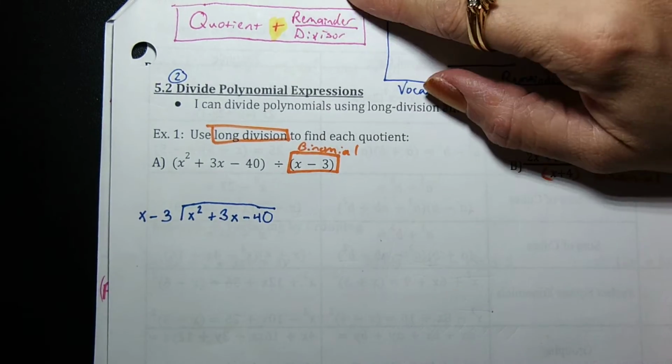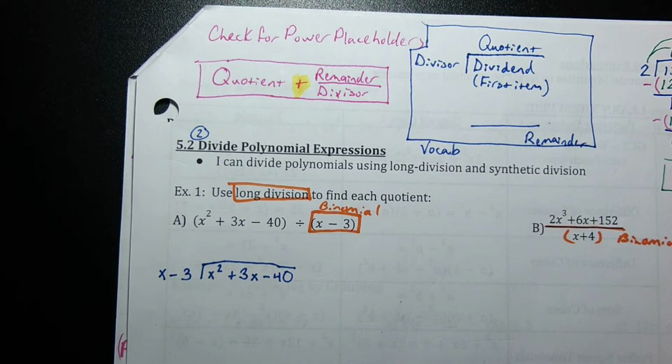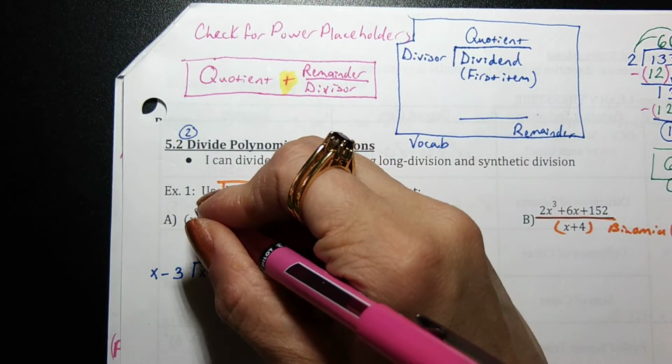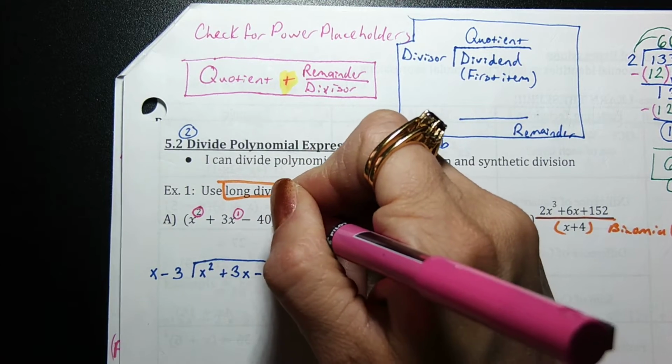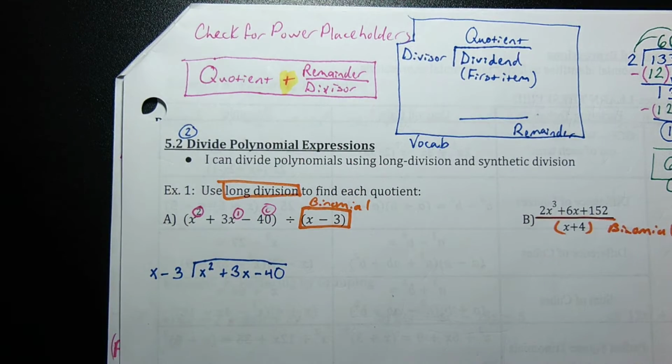Let's talk about checking for power placeholders. Power placeholders means every power, starting with the degree down to the constant, needs to be covered both in our dividend and our divisor. So if I look at my powers, I go from a power of 2 to a power of 1 to the constant.